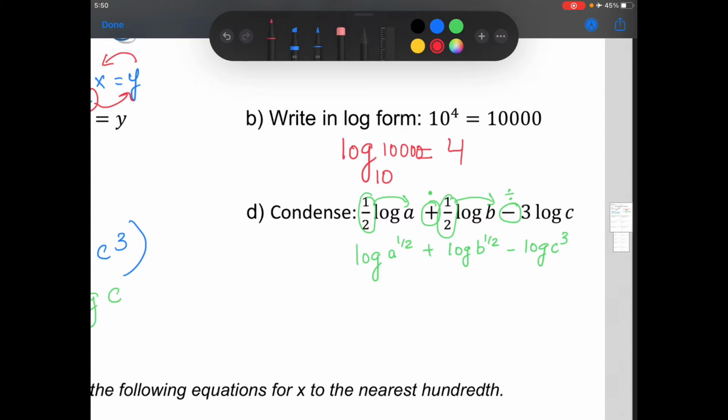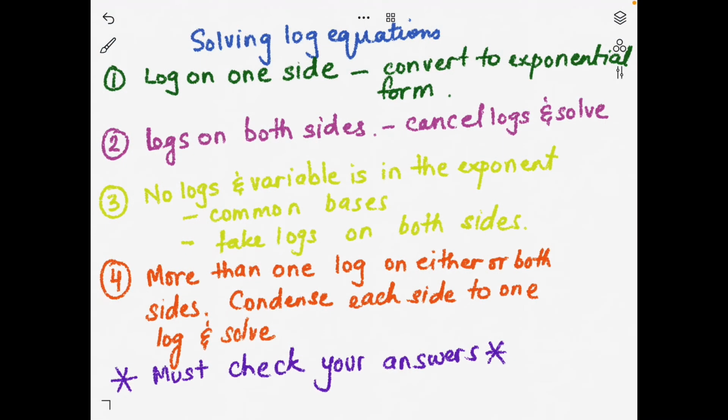Now I'm going to condense it. So write log once. Addition changes to multiplication, so it's a times square root of b, over c cubed. You can choose to put it in parentheses or just leave it like that.